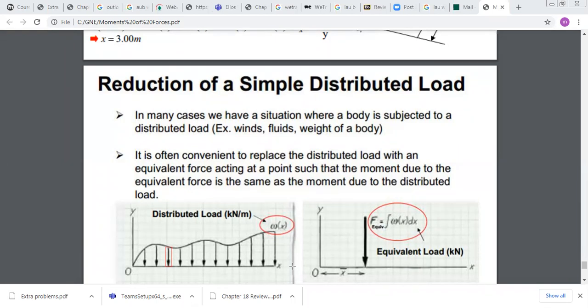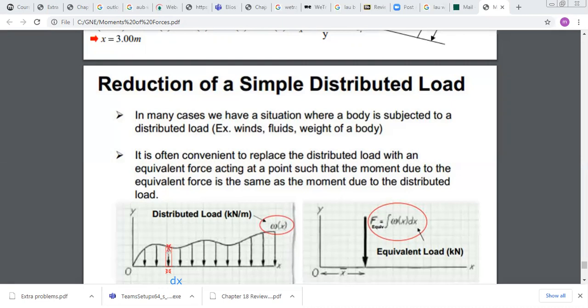So here, if I consider a very small element of length dx, what will be the elementary force acting on this small element? At this location, w is equal to the height here.